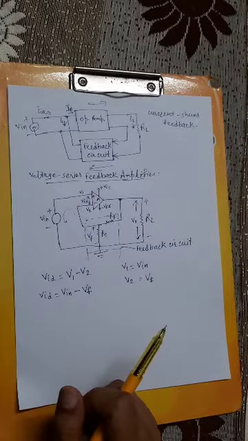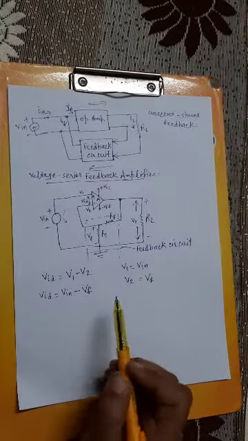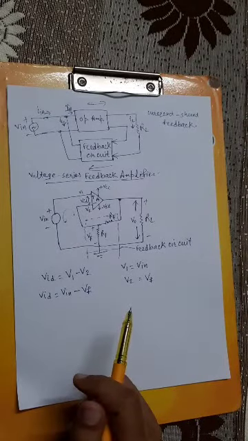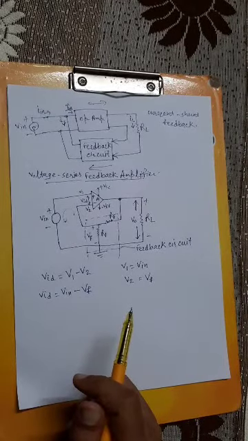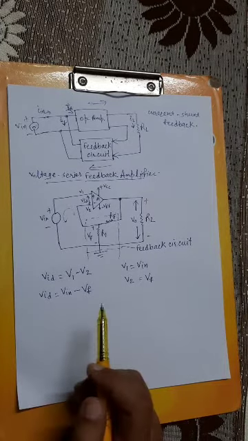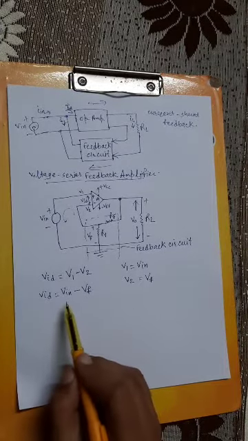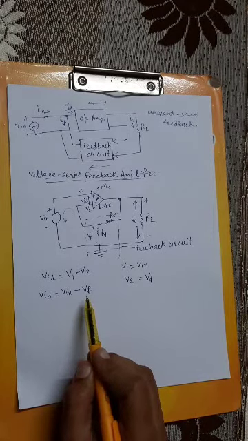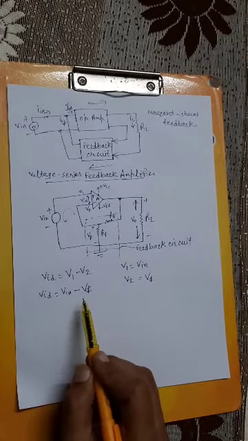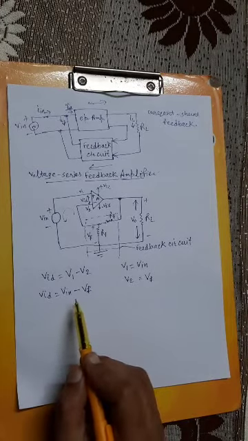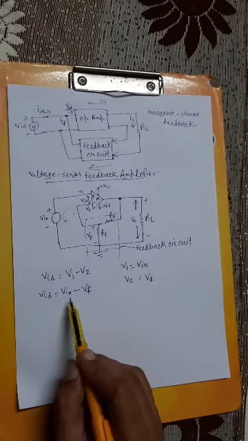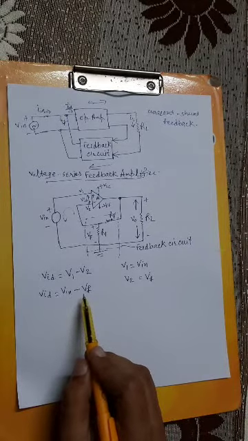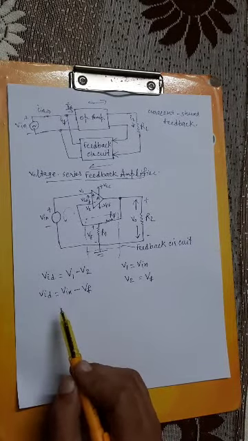So by this equation we can say this is a negative feedback circuit. This difference voltage is the input voltage minus the feedback voltage, or in other words, the feedback voltage always opposes the input voltage. Or you can say it is out of phase by 180 degrees with respect to the input voltage.